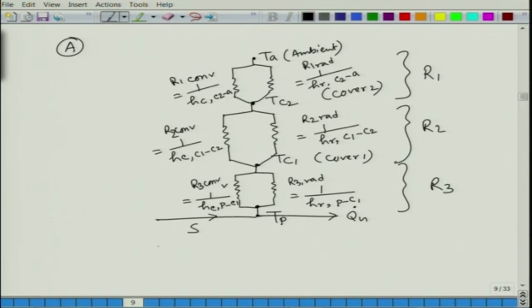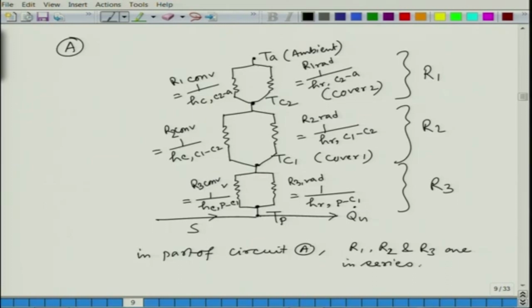In part A of the circuit, R1, R2 and R3 are in series, and for each of them, the R convection and R radiation are in parallel.